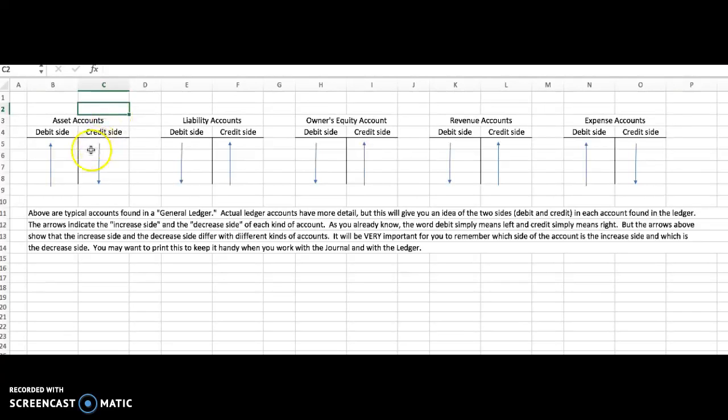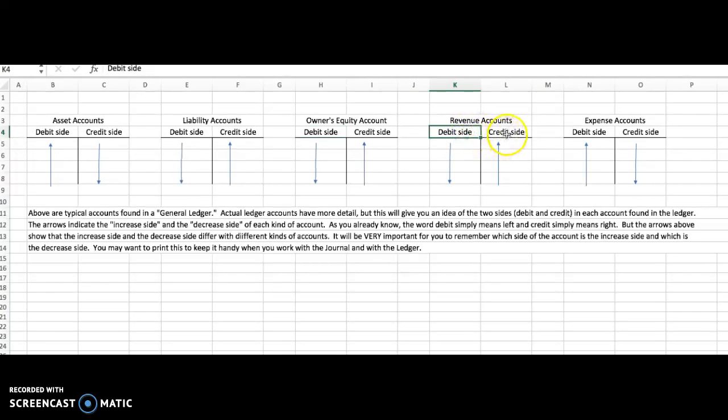So hopefully by now you understand that if an asset increases, that's shown on the debit side of the asset. If a liability increases, if we owe more money, that would be shown on the credit side. If owner's equity increases, that's shown on the credit side. If owner's equity would decrease, for example, the business loses value, it would be shown on the debit side.